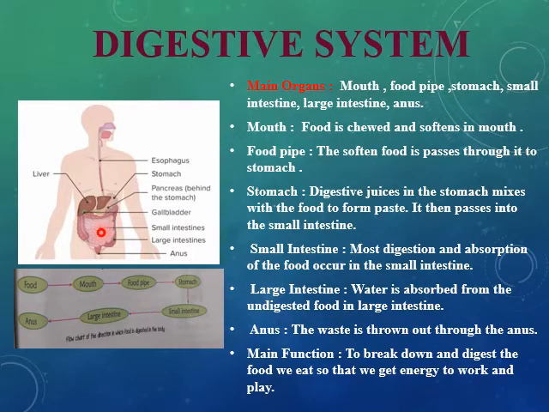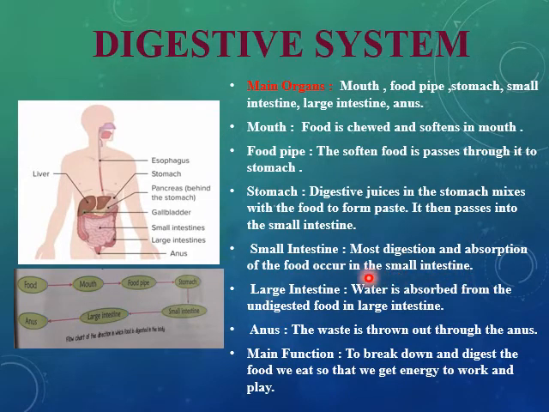Now, the small intestine is another organ in our digestive system. So let's see the function of the small intestine. Most digestion and absorption of the food occur in the small intestine.